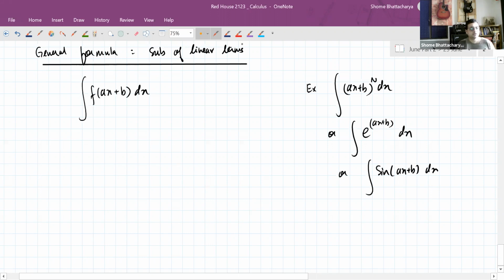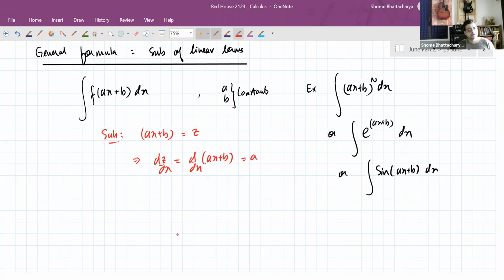So for this, what we will do is we will substitute ax plus b as z. And therefore, dz by dx is differentiation of ax plus b, which will be equal to a. Of course, it is understood here that a and b are constants, not variables. Having done this, now we substitute this in the integration.